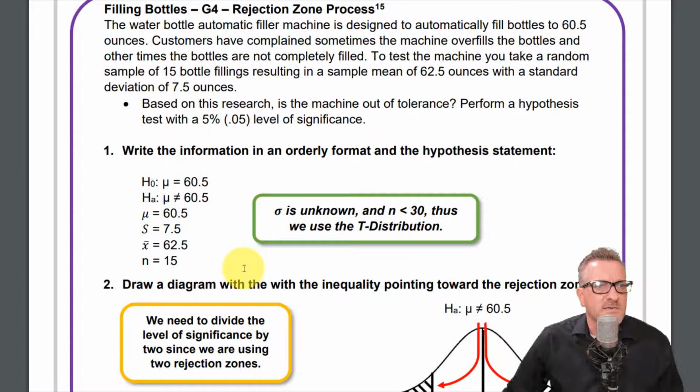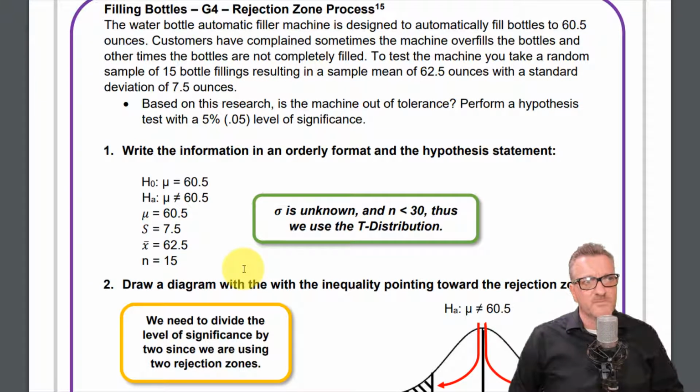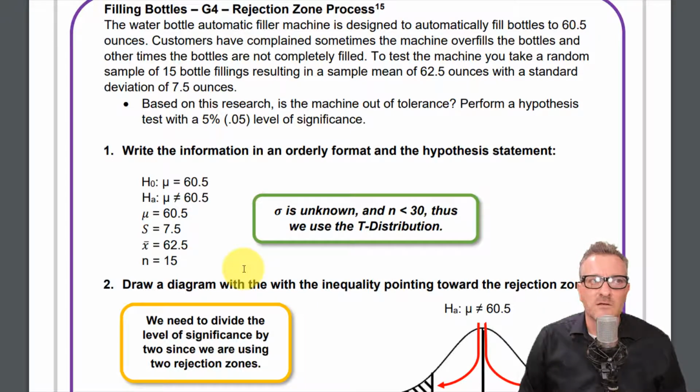Okay, this is a two-tailed t. So it says the water bottle automatic filler machine is designed to automatically fill bottles to 60.5 ounces. Customers have complained. Sometimes the machine overfills the bottles and other times the bottles are not completely filled.